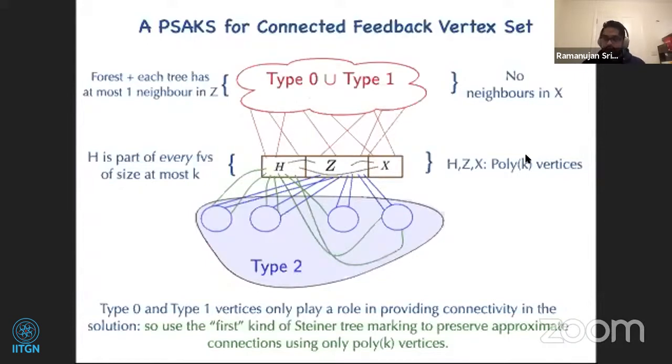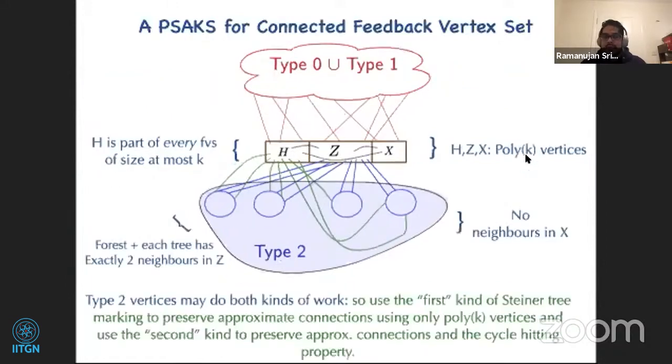So I won't be doing this for each component, but for all of the type 0, type 1 vertices in one shot. And there is a reason for this. One is, it's correct to do this. And the second thing is the number of connected components in type 0, type 1 could be unbounded. But the number of components in type 2 is bounded by a polynomial in K. So this also can be proved.